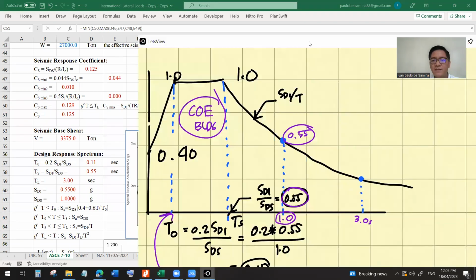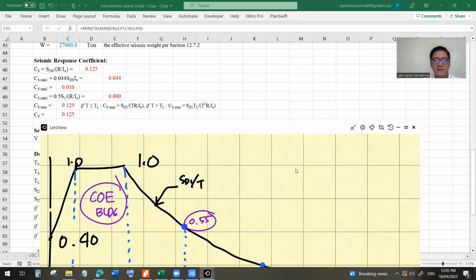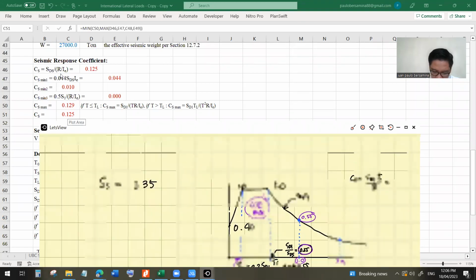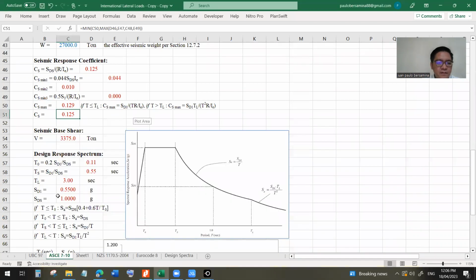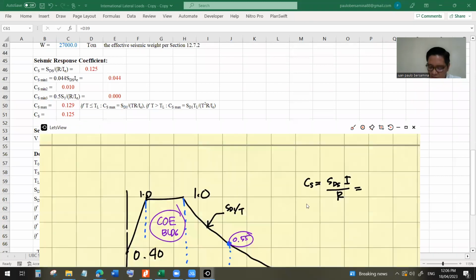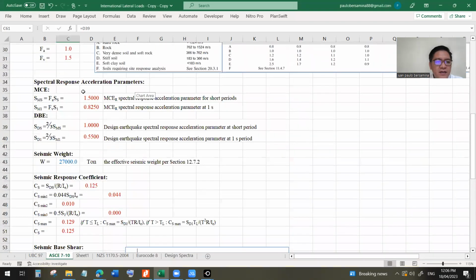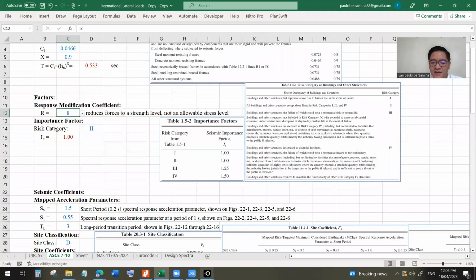So the formula is ito: C sub S is equal to SDS I over R. And if you will multiply that, ang SDS natin 1.0 times 1.0 divided by the R value 8.